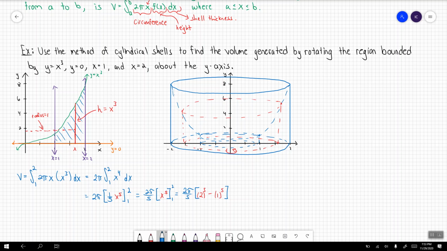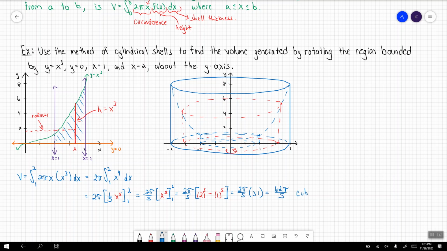So 2 to the power of 5 gets us 32, and 32 minus 1 gets us 31, which means this is 2 pi divided by 5 multiplied by 31. And then 31 times 2 gets us 62. So the answer here is going to be 62 pi divided by 5.